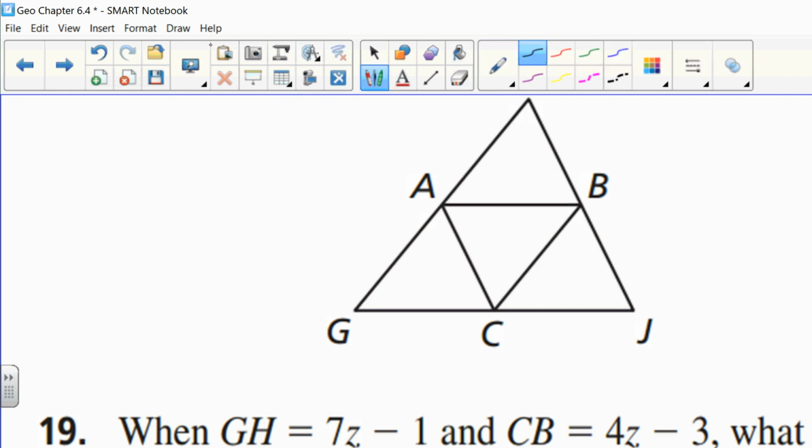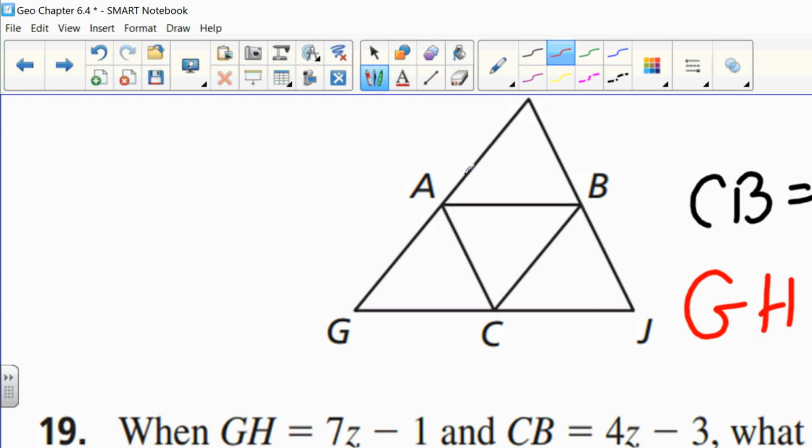I'm going to erase that. Now, what we do know is that CB is equal to half of GH, yes? Didn't we have another way to write this? We could say that GH was equal to what times CB, yes?